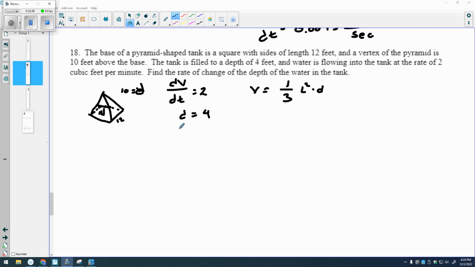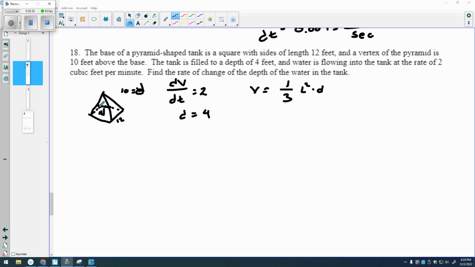Now if we keep going, looking at my answer key, I just caught this. I did it wrong on my answer key, so we have to be careful on this one. The shape of my water is not a cone, it's not a pyramid. It's a truncated pyramid.